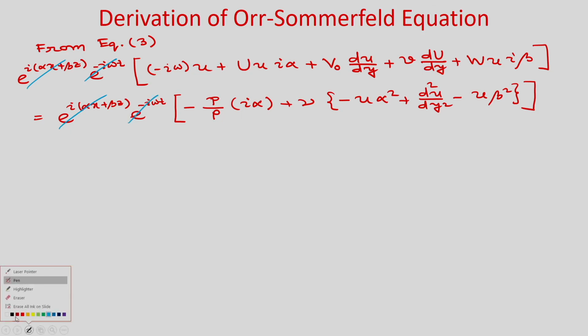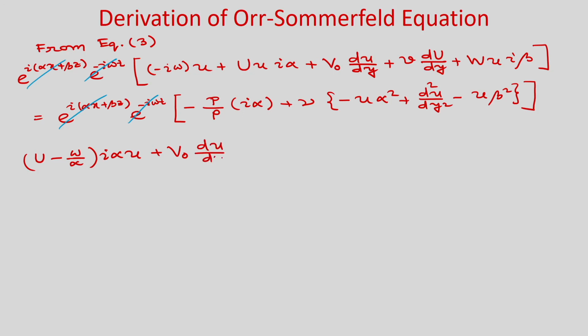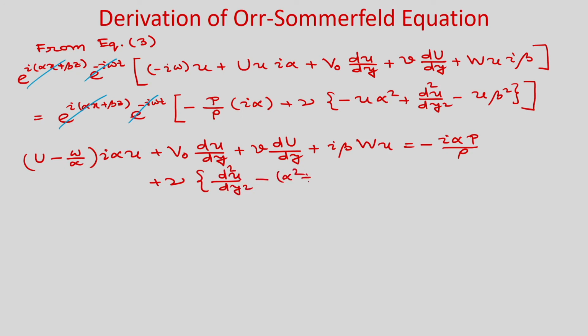So, you can simplify it and write as u minus omega by alpha i alpha u plus v naught du by dy plus v du by dy plus i beta w is equal to minus i alpha p by rho plus nu d 2 u by dy square minus alpha square plus beta square u.